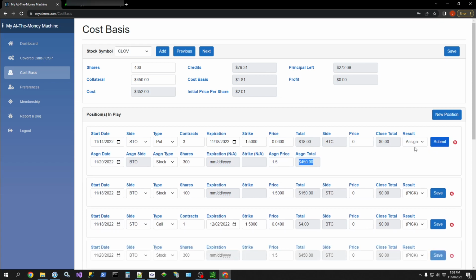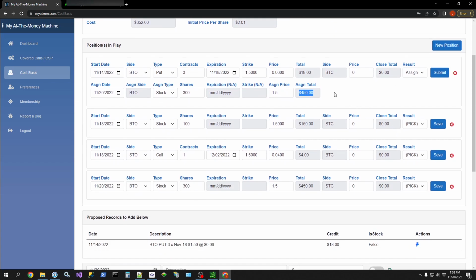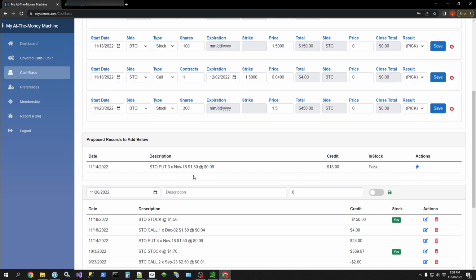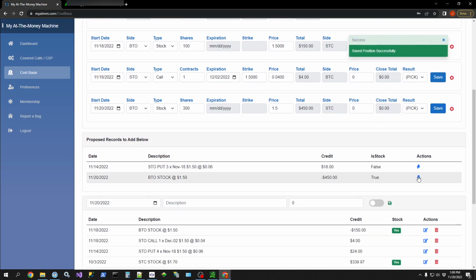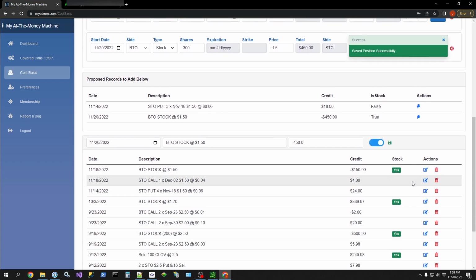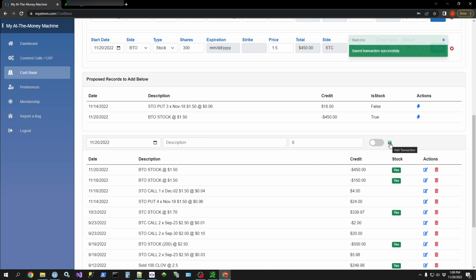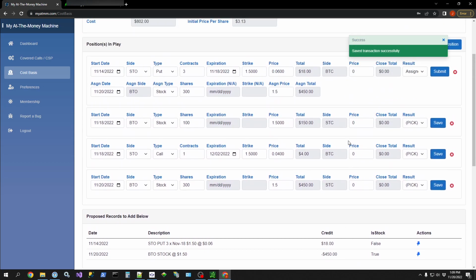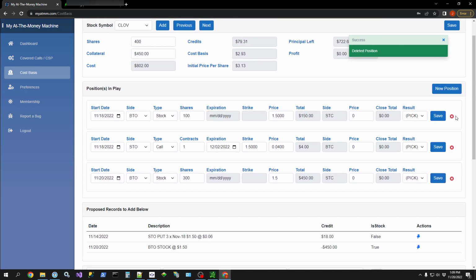So submit that. All right. So, right here, gotta click save. Move that down. So I was assigned on 3 of those. All right, this is done. And delete that. Get rid of the collateral.